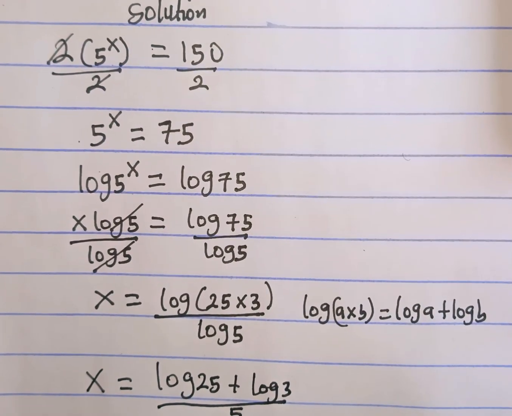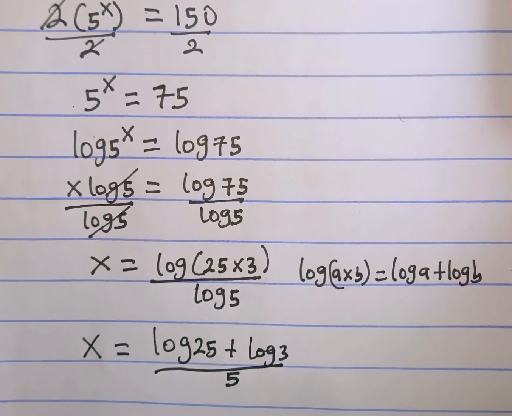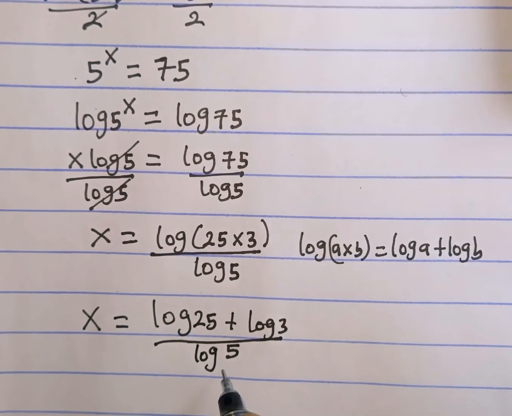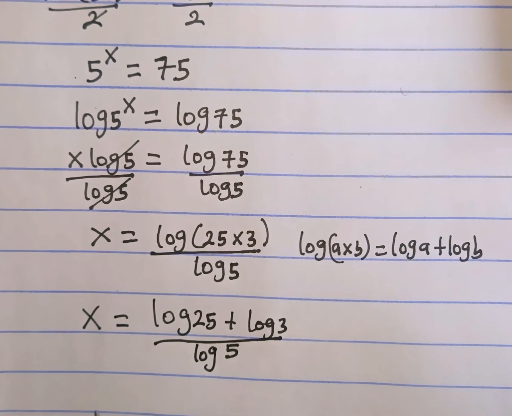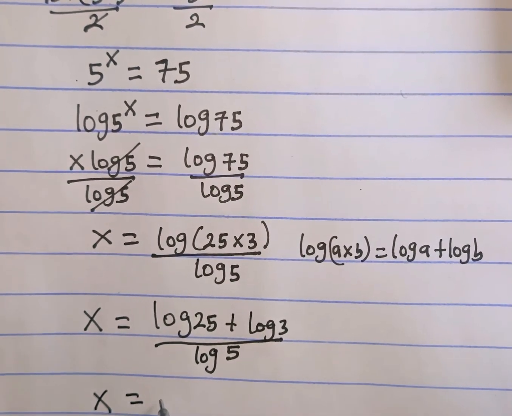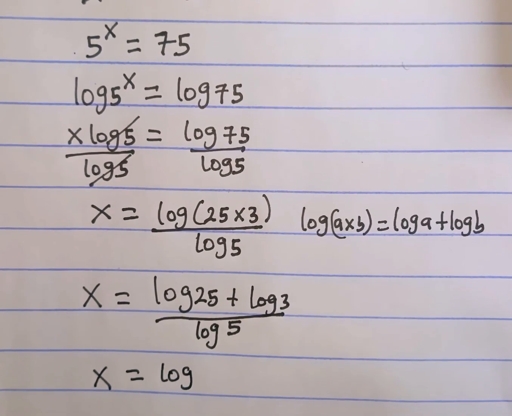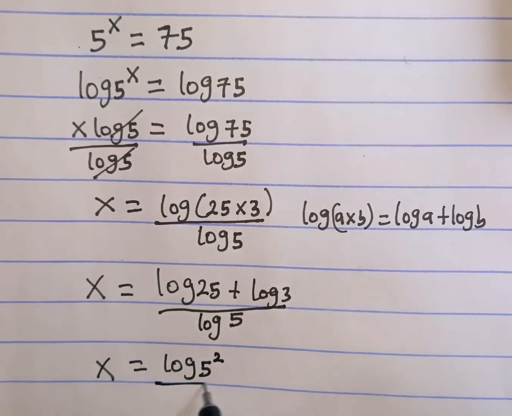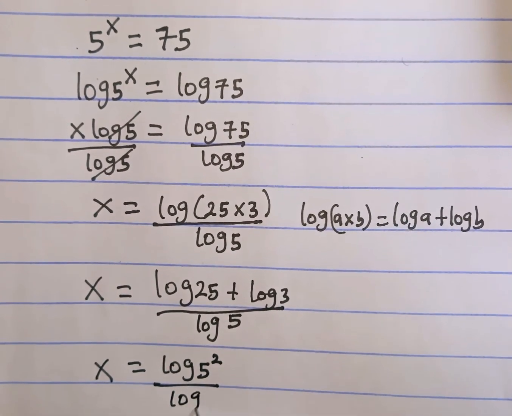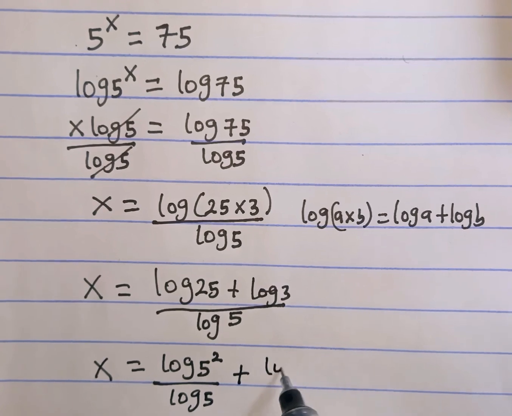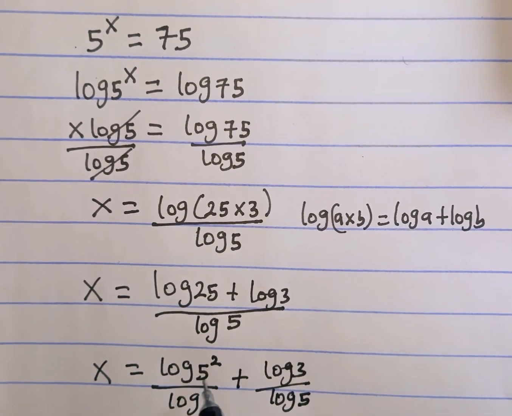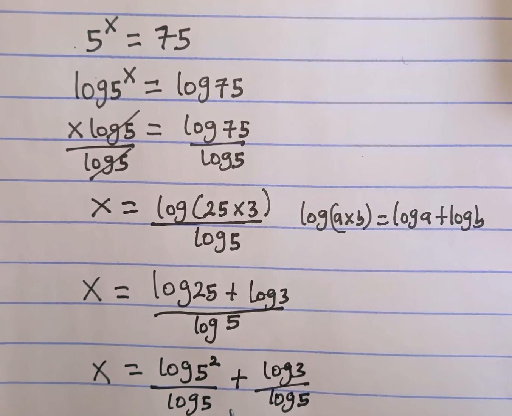So the next thing we're going to do, since they have one denominator, which is log of 5, they can share this denominator, so that the whole of this can also be written as x now will be equal to log of, and mind you, this 25 can also be broken as 5 raised to the power of 2, then everything over this denominator, which is log 5, then plus log of 3 all over the same denominator, which is log 5. So we only change this 25 to 5 to power 2, which is the same as 25. Then they share the same denominator.